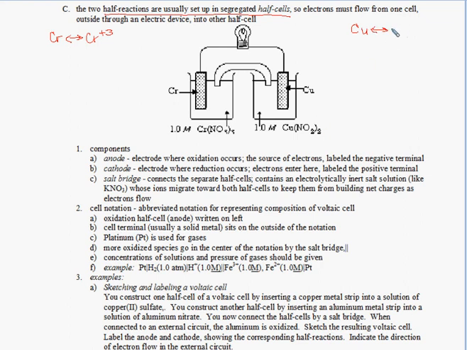The nitrate is also going to act as a spectator, so we're really looking at copper versus copper 2. You can see that the corresponding metal sits in the solution. So you have chromium in the chromium solution, you have copper in the copper solution. If we wanted to change that up, we could, and let's talk about that in a little bit here.